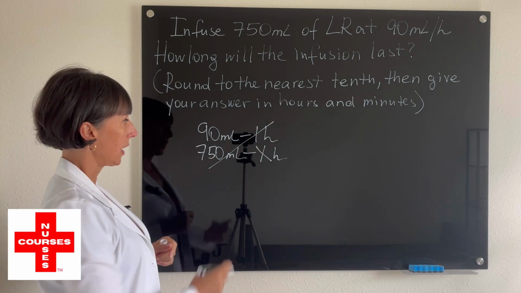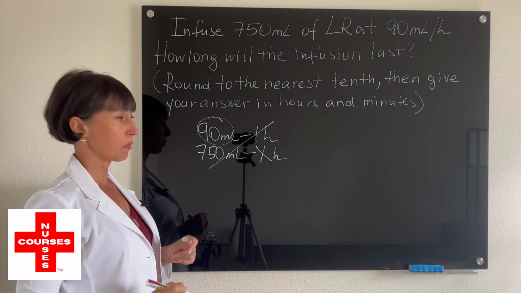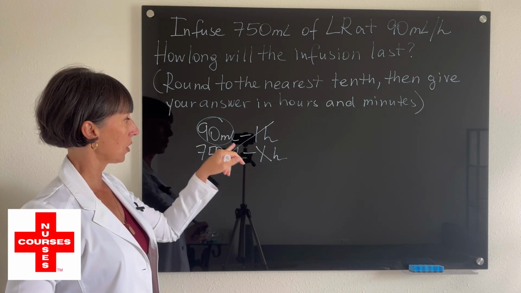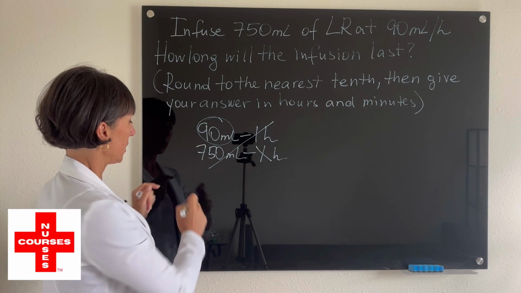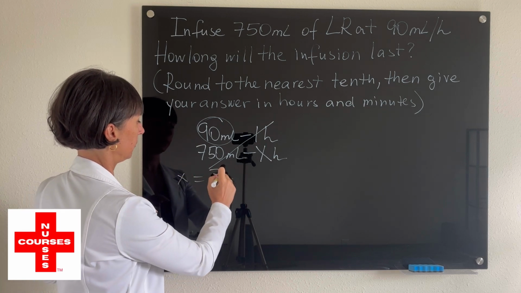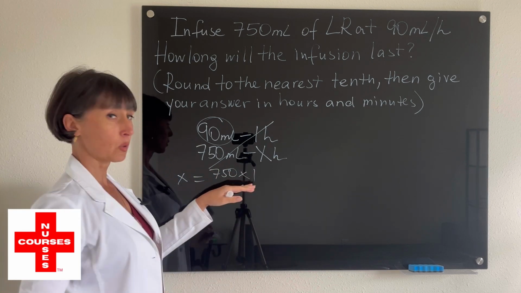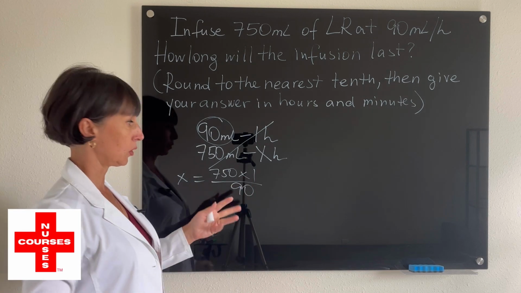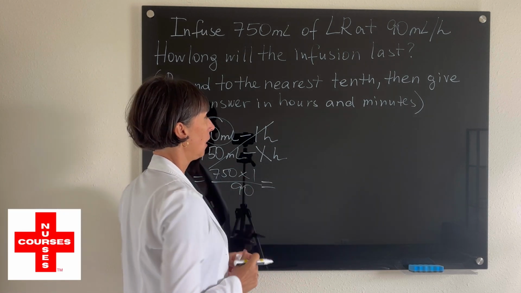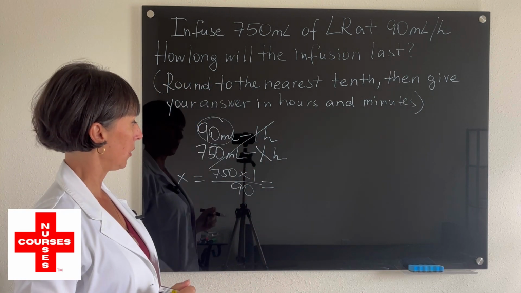We multiply on diagonal, divide by the third number, carefully checking, do we have hours under hours, milliliters under milliliters? Yes. So 750 times 1 divided by 90 will give me the amount of time it will take to infuse 750.